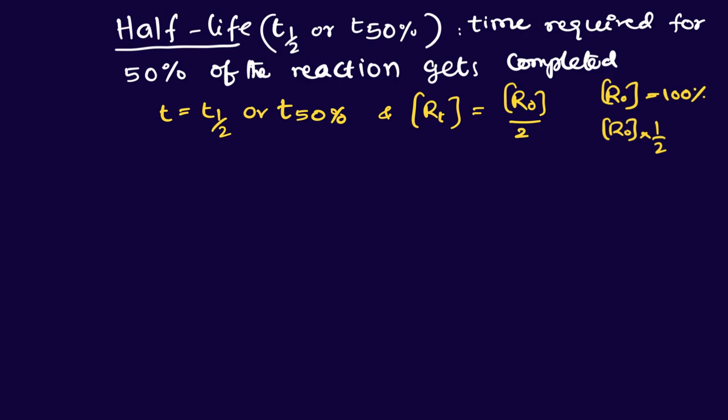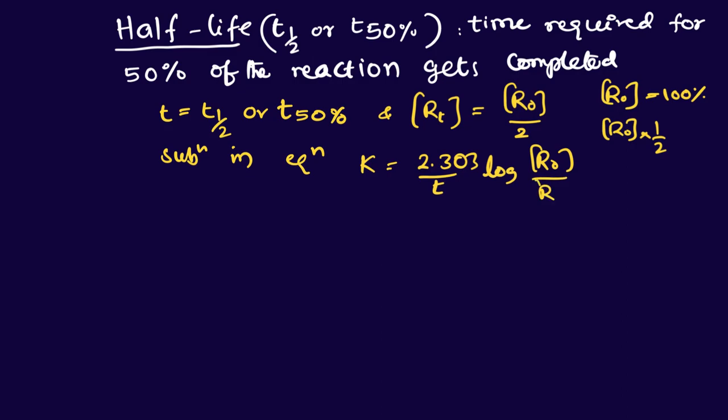Now we can substitute in the equation. What is the equation? K is equal to 2.303 by time, log R naught concentration by R at T time concentration. Now substitute here.